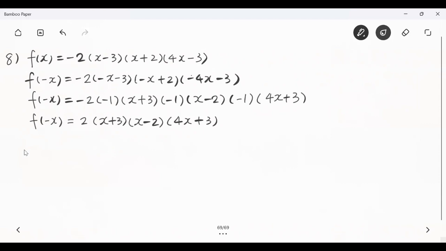The second factor, x minus 3, is x plus 3, not the same. Next, x plus 2 is x minus 2, not the same. The 4x minus 3, this one is 4x plus 3, not the same. So we find f(negative x) not equal f(x). Right? Also, f(negative x) not equal negative f(x), right?